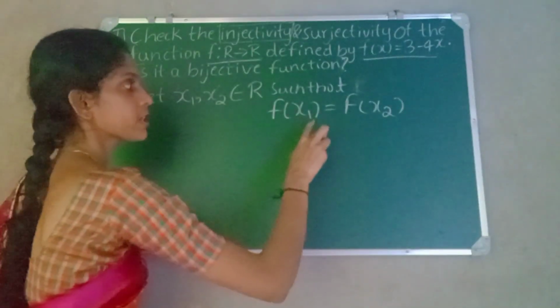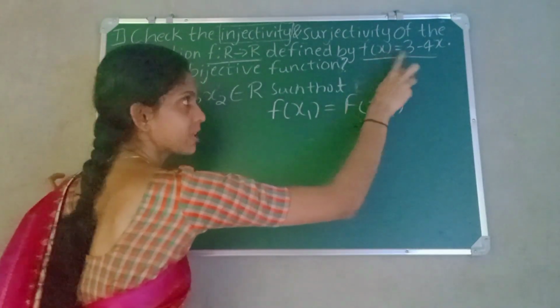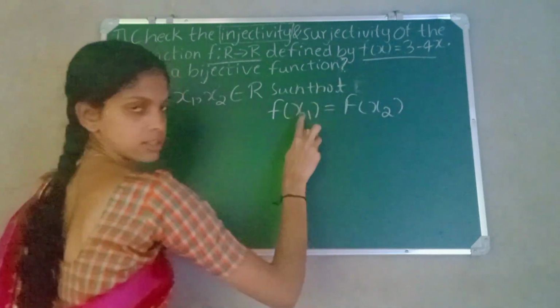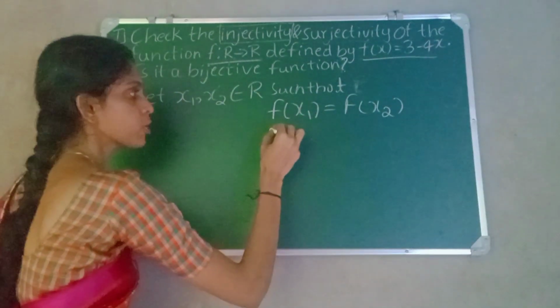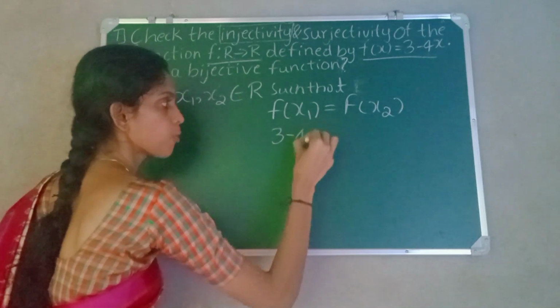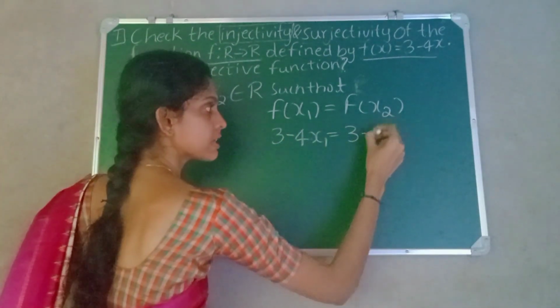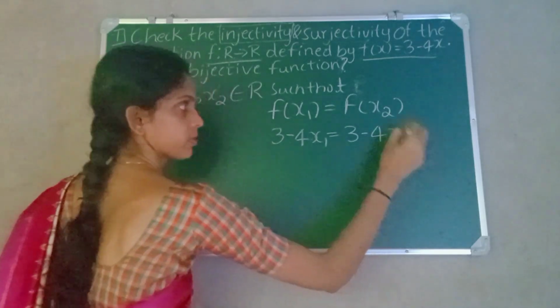Now f of x is 3 minus 4x. In place of x, put x1, so you get 3 minus 4x1, which is equal to 3 minus 4x2, putting x2 in place of x.